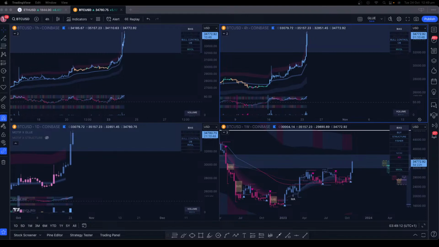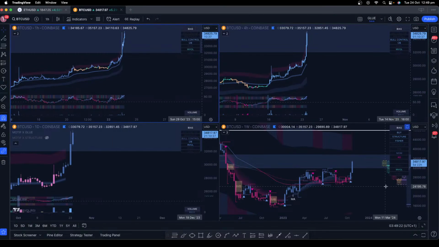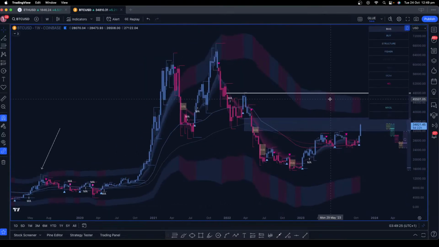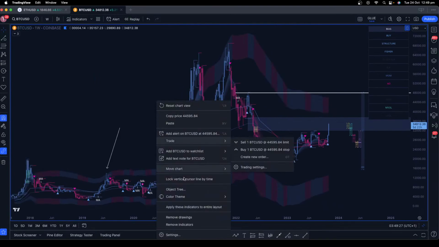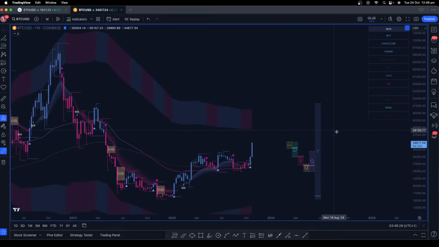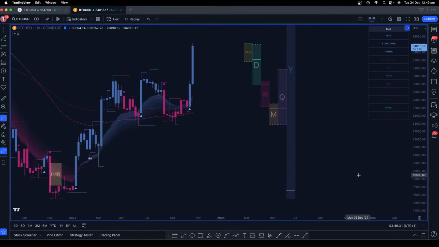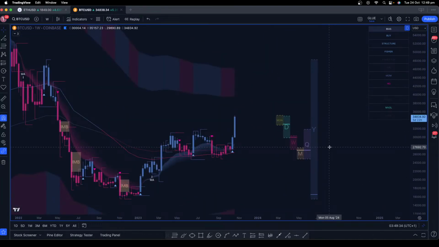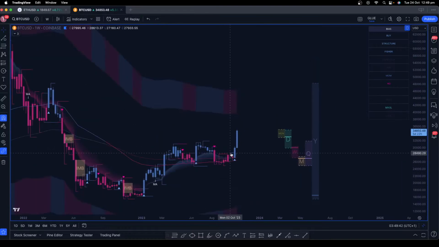Just move the drones here. So Bitcoin right now, if we look at the context of the market, $31K was through here.